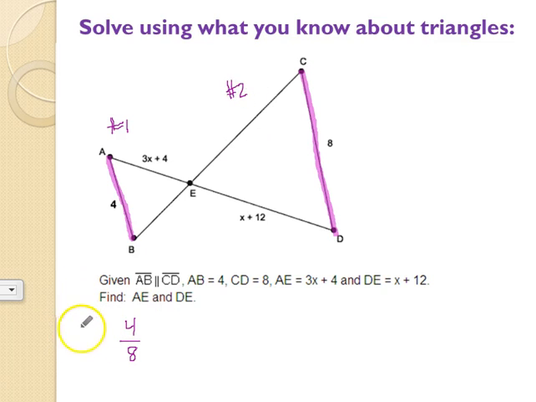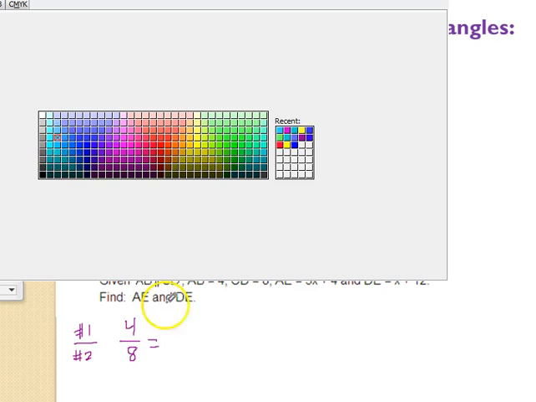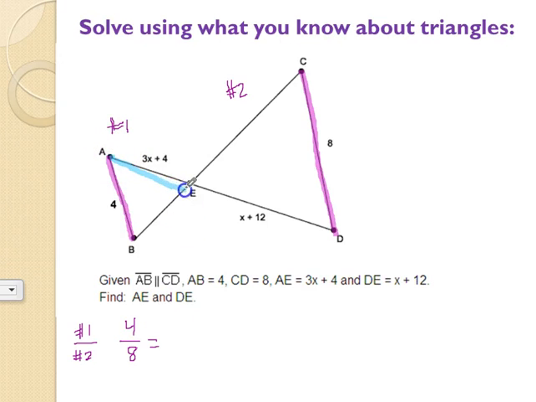So on the top, my numerator, I'm comparing triangle 1 with triangle 2 on the bottom, so that when we go to do the other set of corresponding legs, we're doing it in the same order. So I want to make sure that 3x plus 4 goes on my numerator instead of my denominator, because we are comparing triangle 1 with triangle 2.